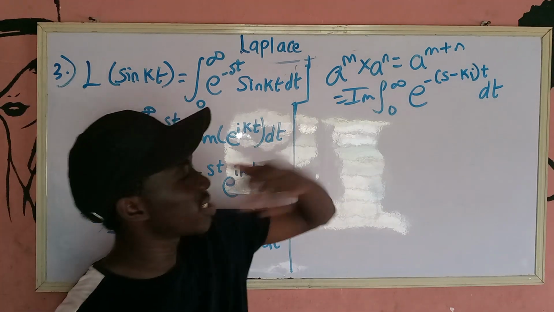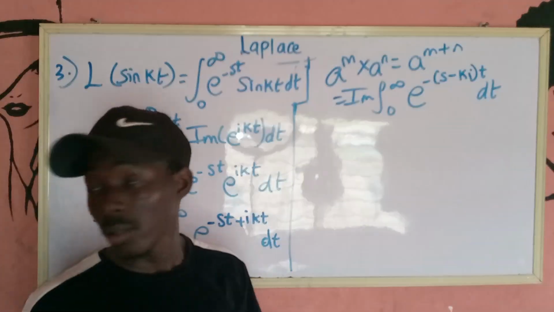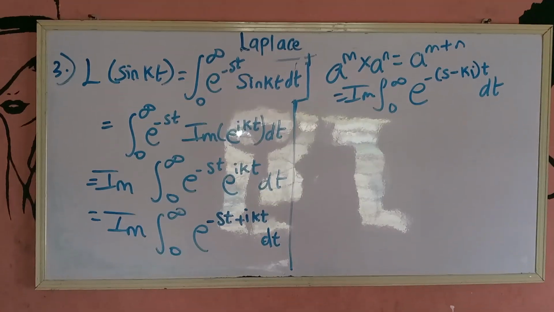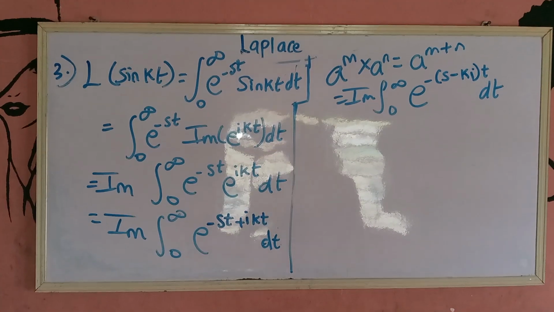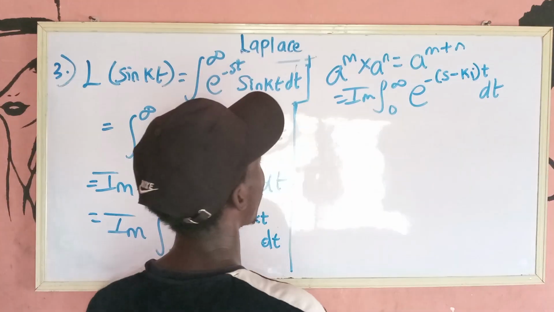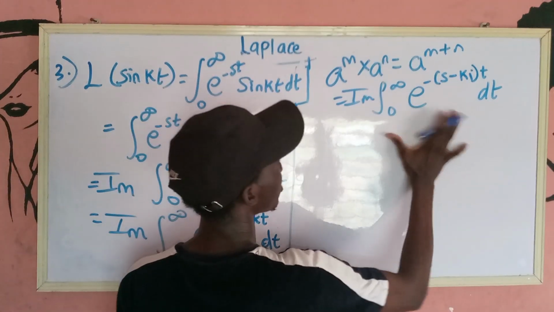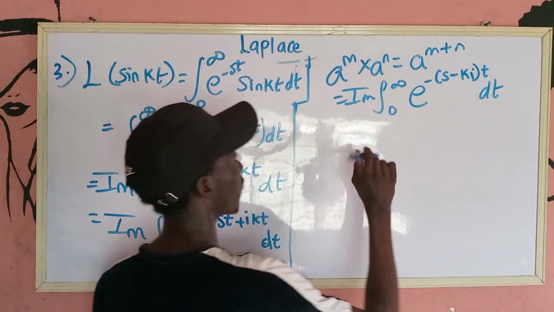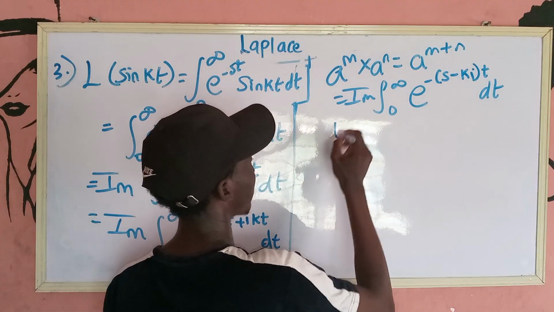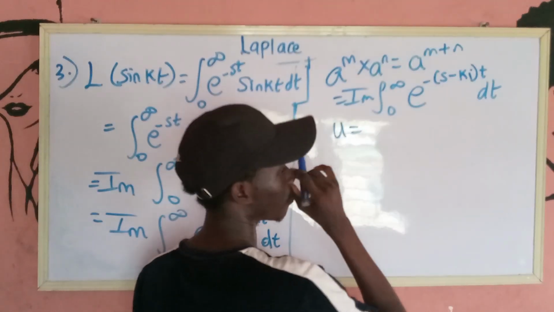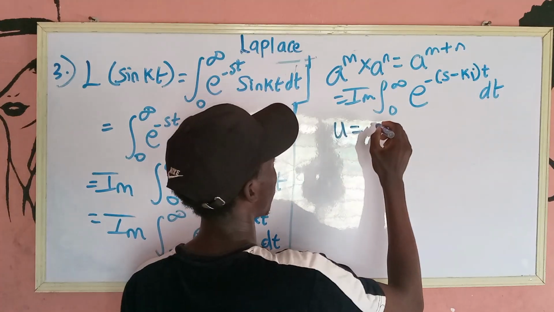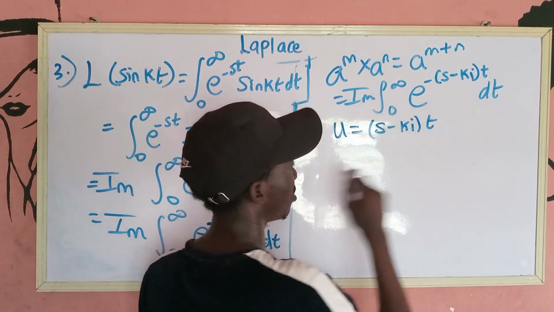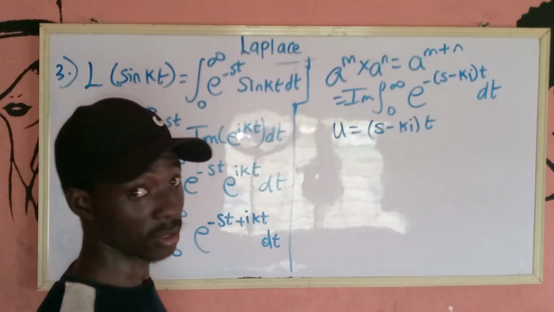But to avoid stress, going from here, this stuff is exactly like what we did before. If you remember in my last video, I said let u equal, now in this case I'll reduce it, s minus ki times t. Can you look at that? It doesn't mean anything.